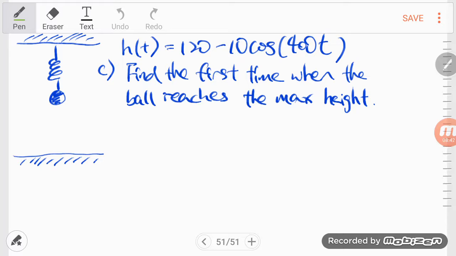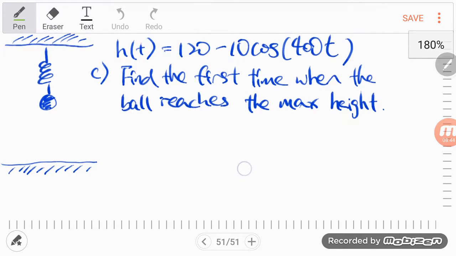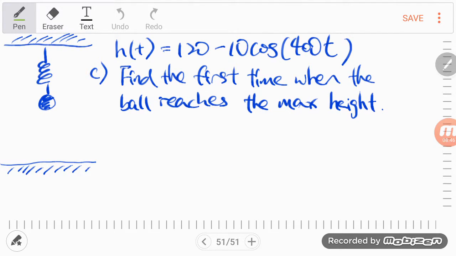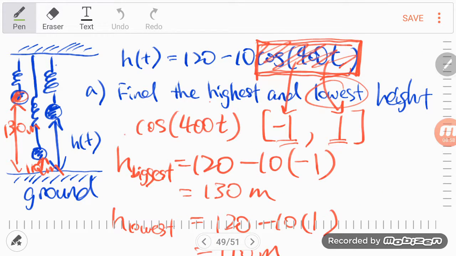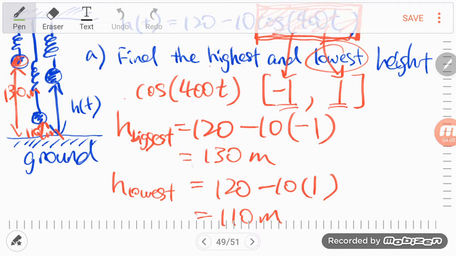Part C, and this is the last bit of this video. Now find the first time when the ball reaches the maximum height. When we talk about maximum height, we did that in part A, right? Maximum height happens at 130, correct?